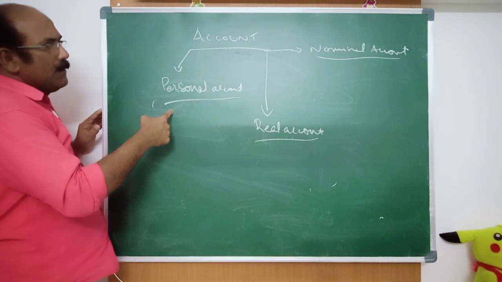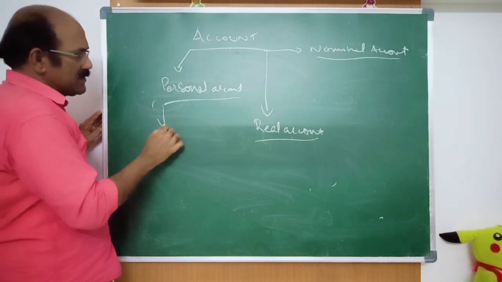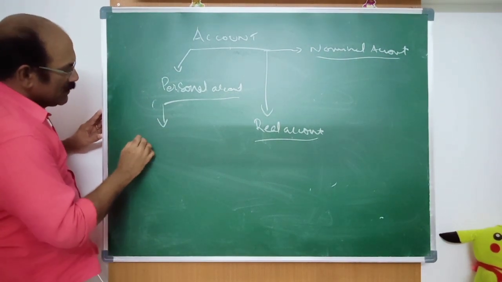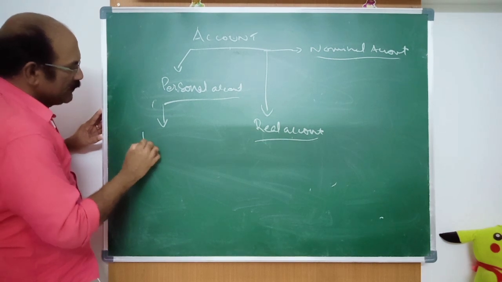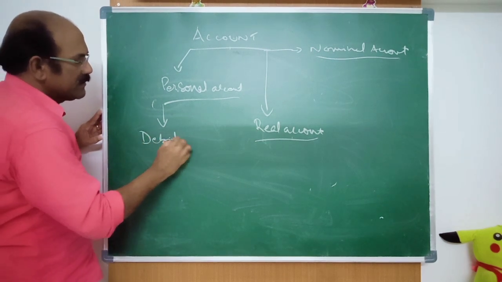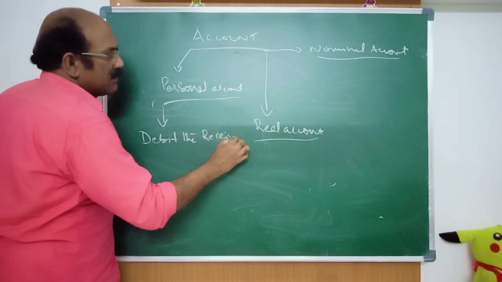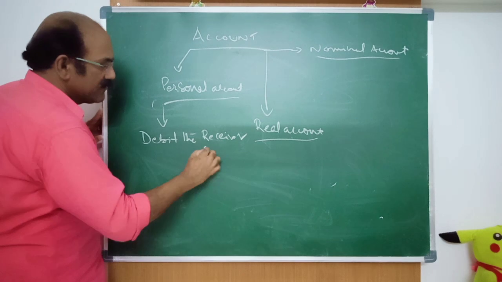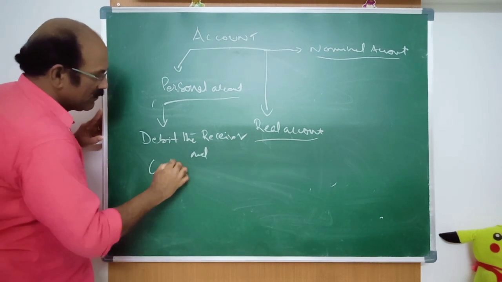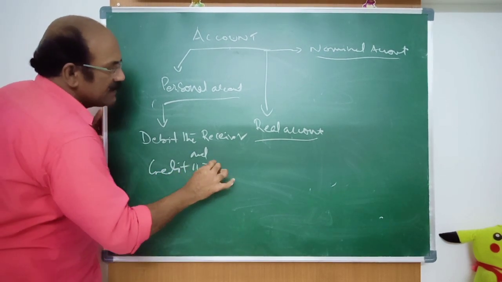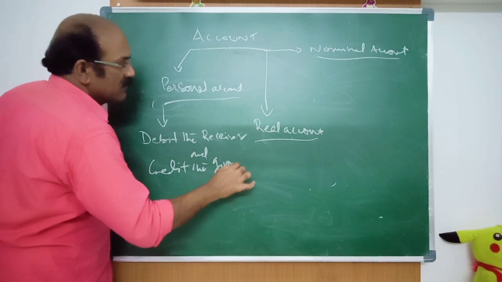So, personal account. What is the definition? Personal account: debit the receiver and credit the giver.